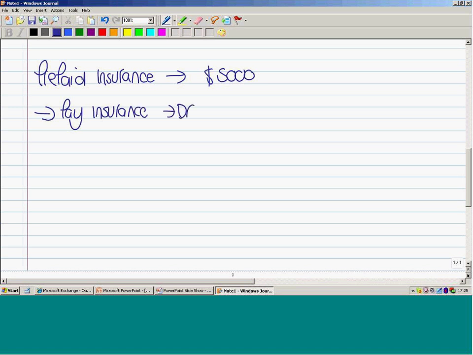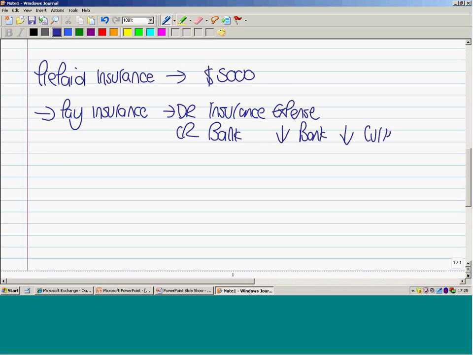and we're going to the expense, so debit the insurance expense, credit the bank. So what's happened is we've reduced the bank, which is reducing the current asset sat in the financial position. Is everybody happy with what I'm saying?